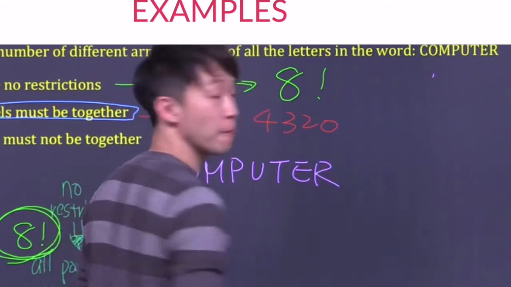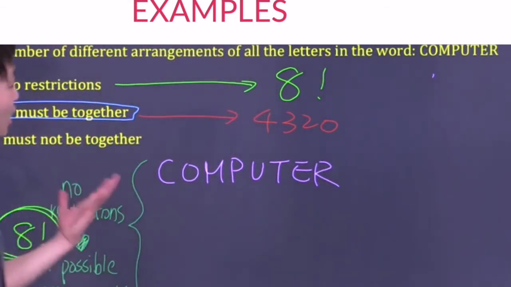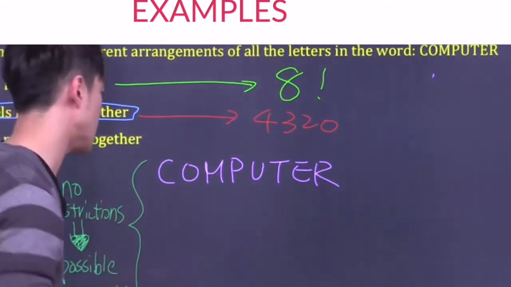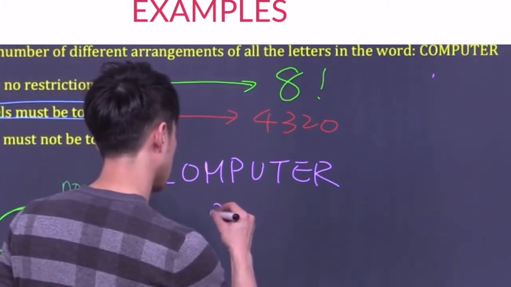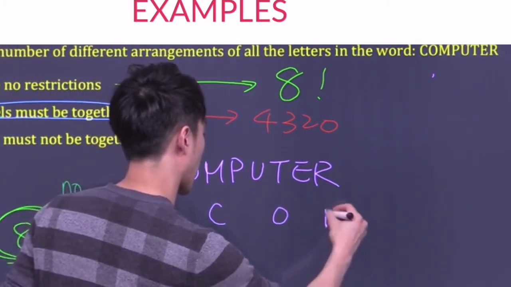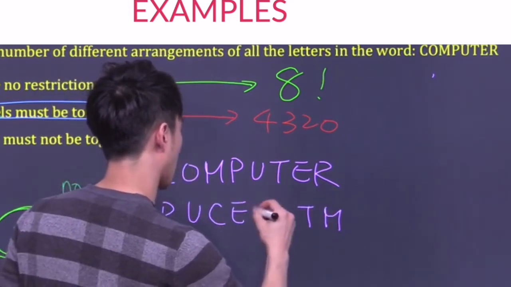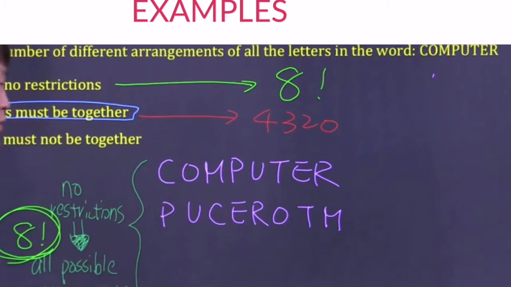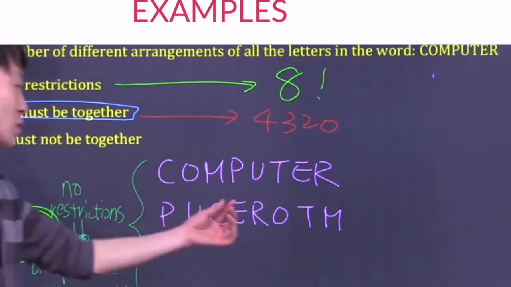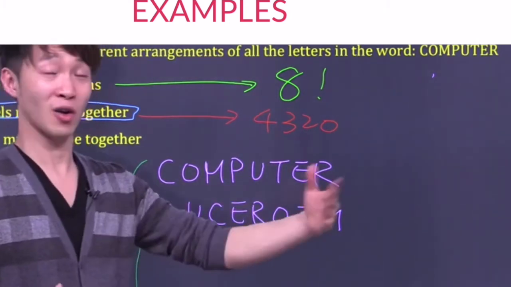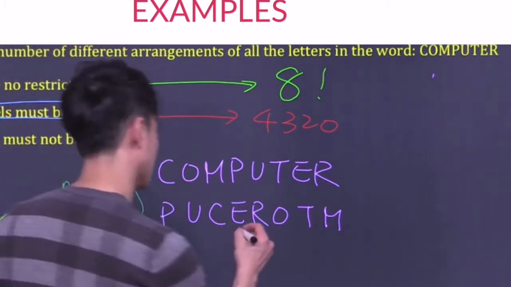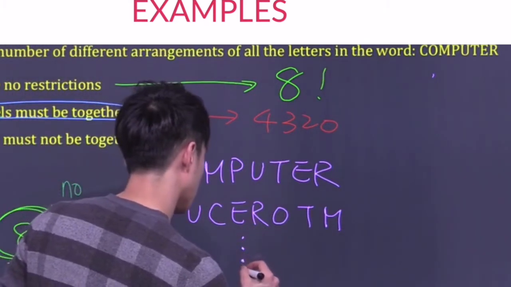So the first arrangement is just the most ordinary arrangement, C-O-M-P-U-T-E-R, right? So guys, give me another possible arrangement. Easy. We can go with a different ordering of the letters, right? That's another possible arrangement. And guys, we can keep going for a long time, right? Yeah, so let's keep going.